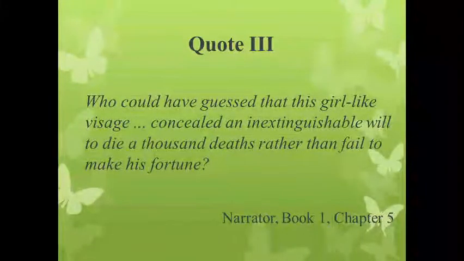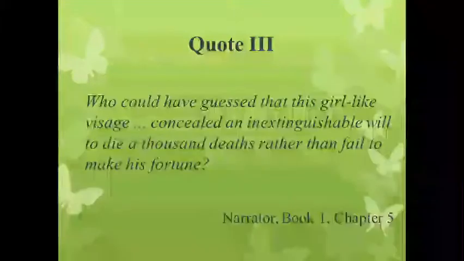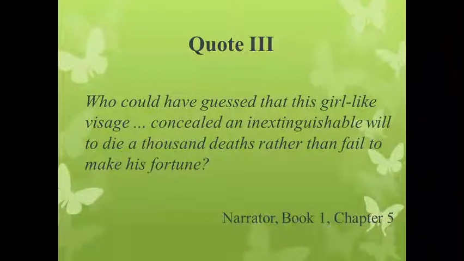But this appearance belies his fiery nature, and he is determined to make his way in the world, no matter what. He has decided at this early age to practice hypocrisy to get ahead in society.